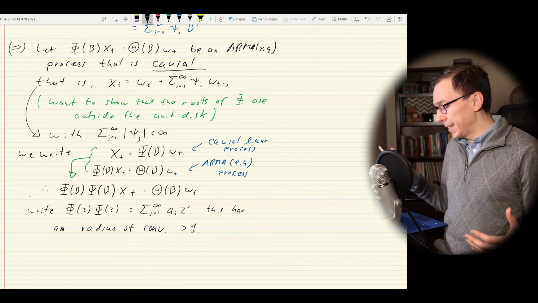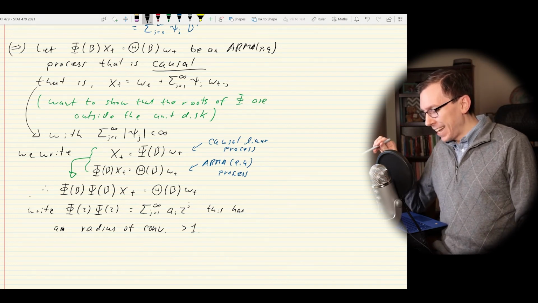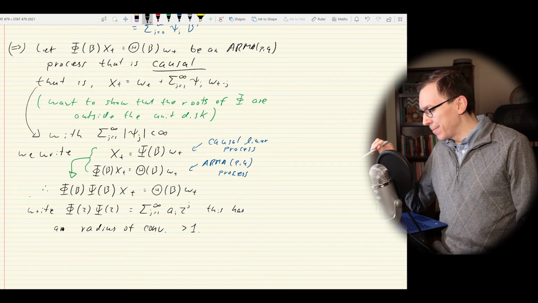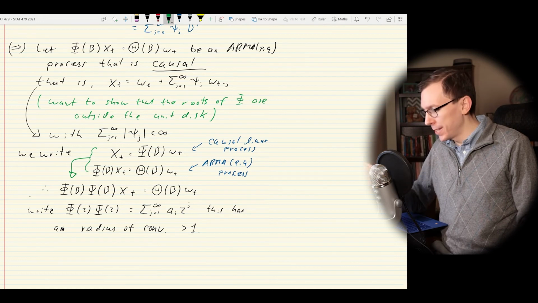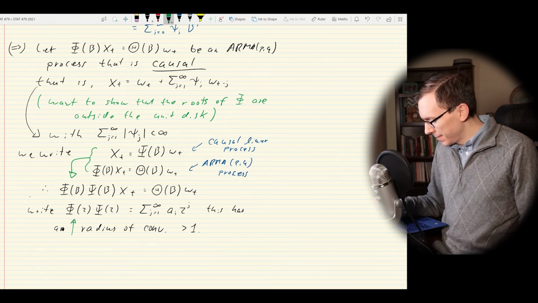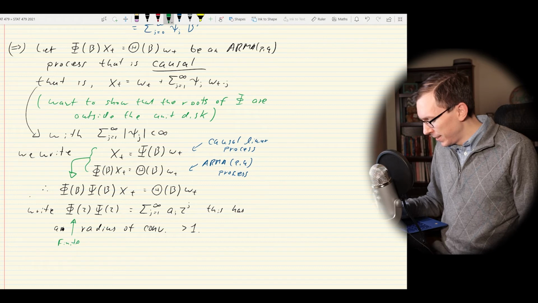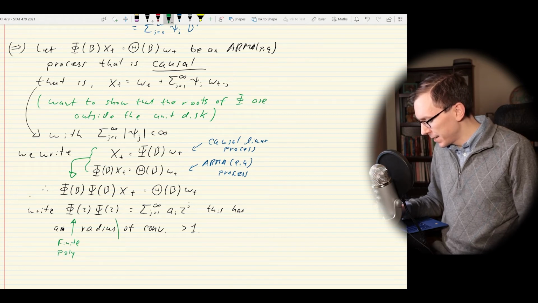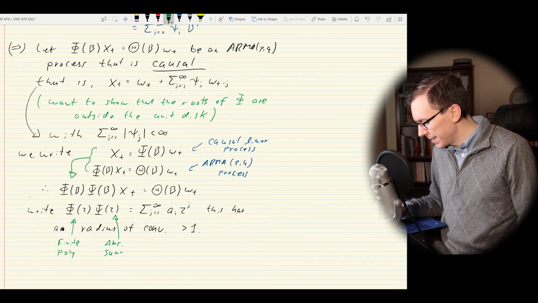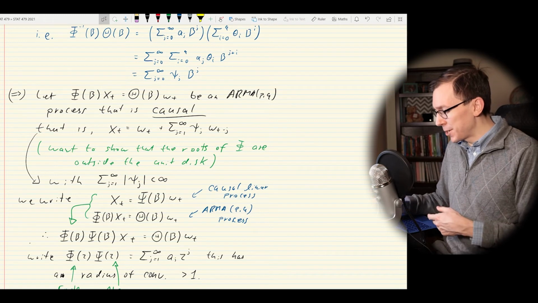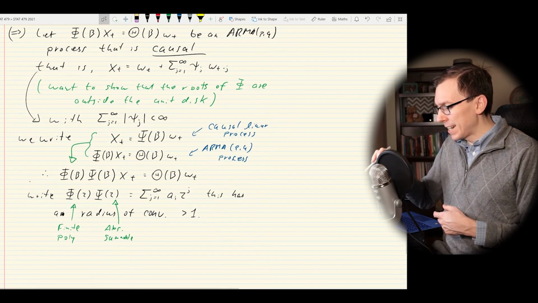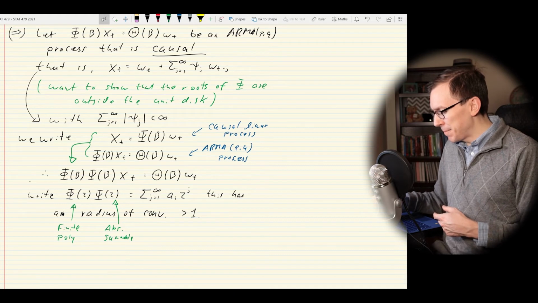Well, it's true because we know that the coefficients psi are absolutely summable, and phi is a finite polynomial. So when I multiply the two of them together, kind of like what I was trying to do up here in blue for phi inverse and theta, the same thing applies down here.